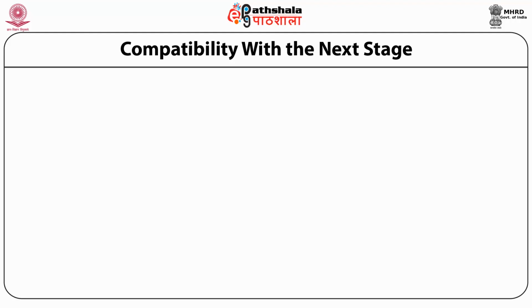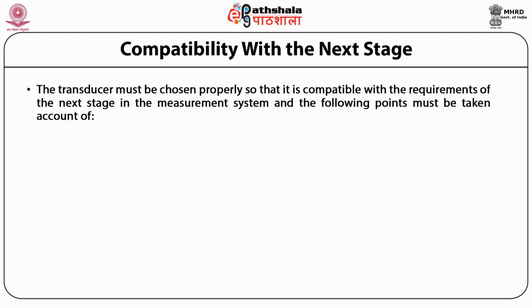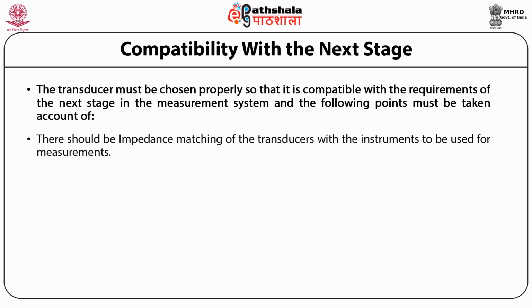Now students, let us see the compatibility of the transducers with the next stage in the circuit. The transducer must be chosen properly so that it is compatible with the requirements of the next stage in the measurement system, and the following points must be taken into account. First, there should be impedance matching of the transducers with the instruments to be used for measurements.